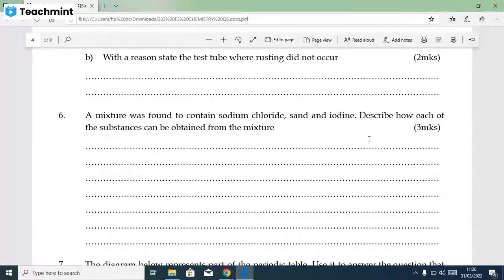Sand and iodine will not. So you filter, and you will remain with sand and iodine as residue.